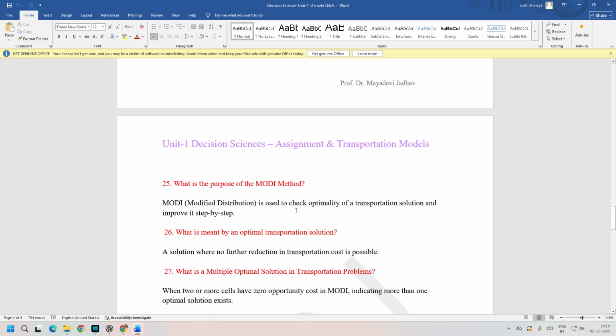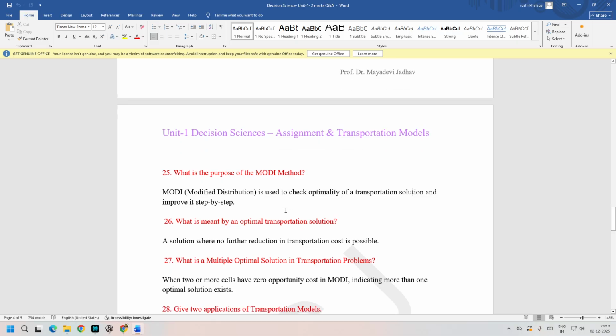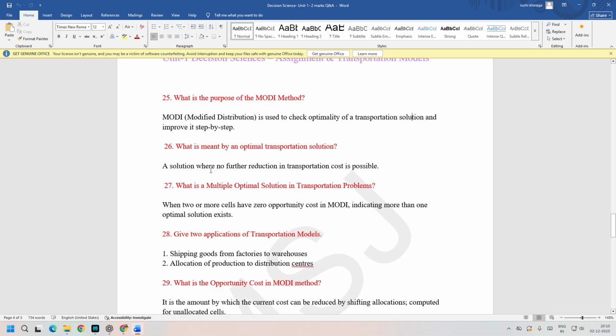It is called the MODI method. Now question number 26. What is meant by an optimal transportation solution? A solution where no further reduction in transportation cost is possible, because all efforts have been taken to reduce the transportation cost.